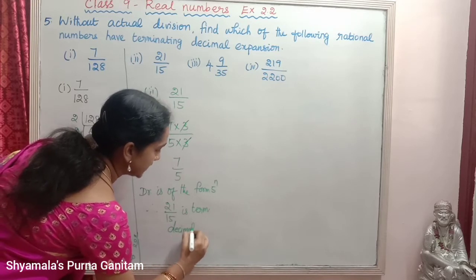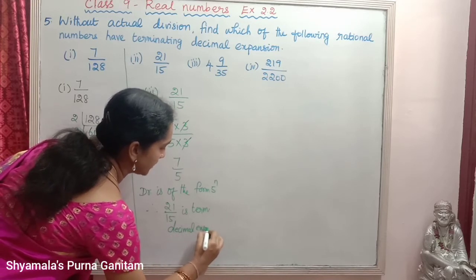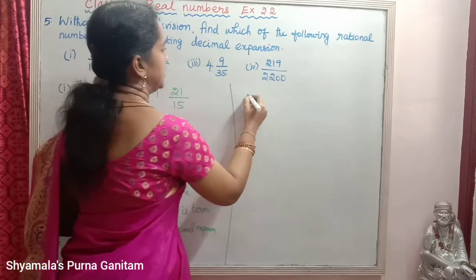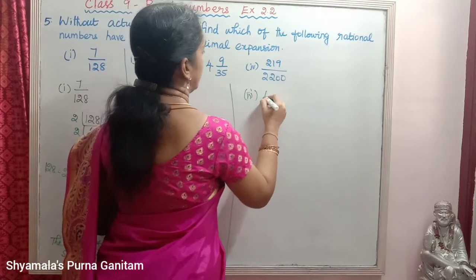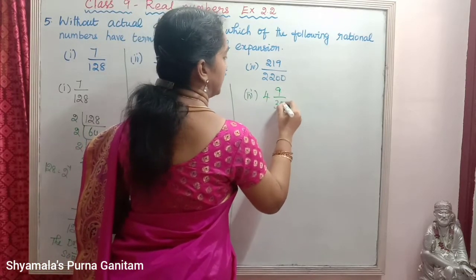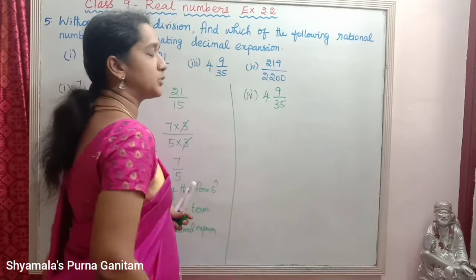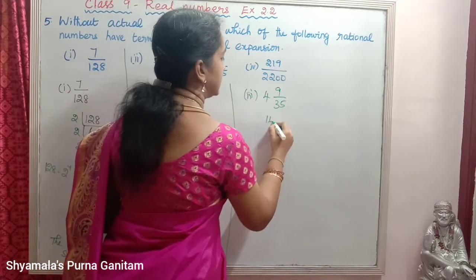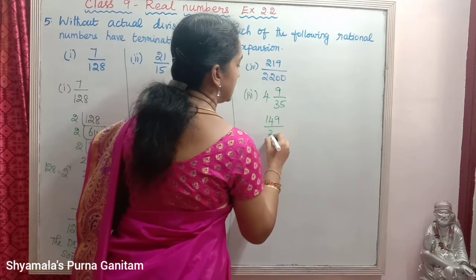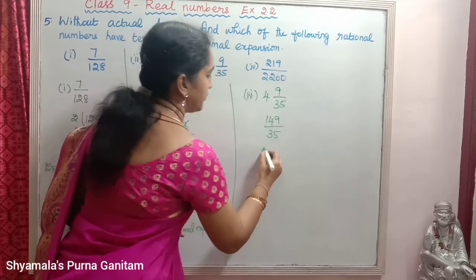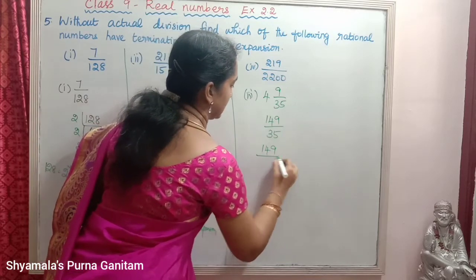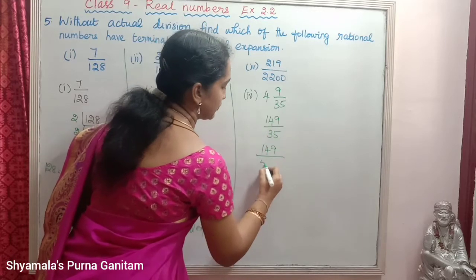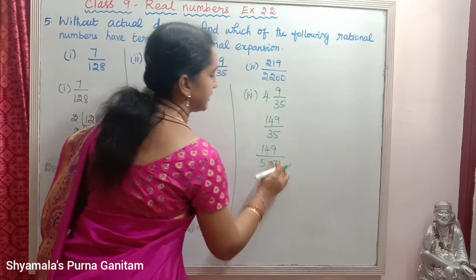The third sum is 4 9 by 35. So 35 into 4 is 140, plus 9 is 149 by 35. The denominator of this fraction is 5 into 7, since 5 sevens are 35.